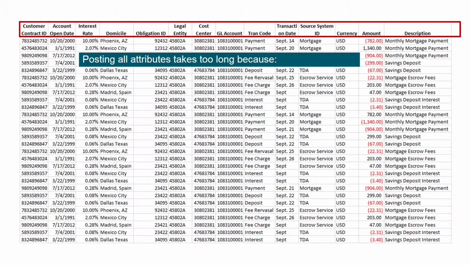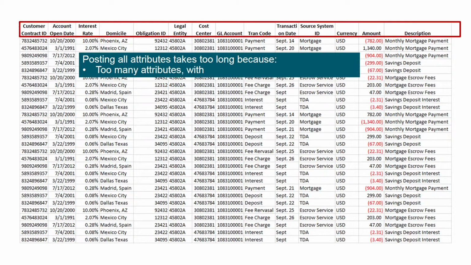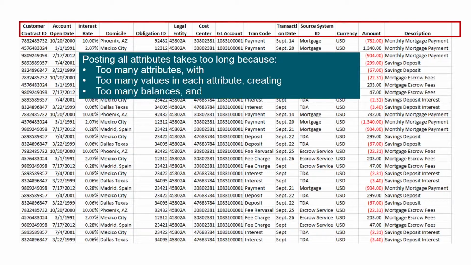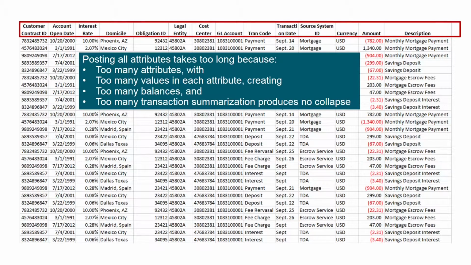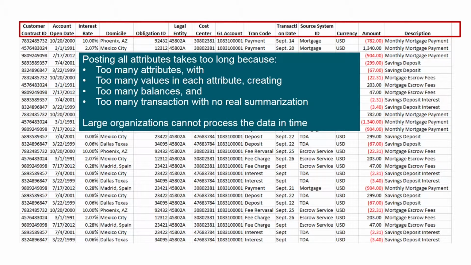If you try to create balances for each one of these transactions, each balance basically looks like an individual transaction itself because it is unique. So we can't post all of these attributes, because there are too many attributes with too many values in each one of those attributes, which ends up creating too many balances and too many transactions that are summarized, producing basically no collapse. They look like individual transactions themselves. So large organizations cannot process the data in time if you try to use all the attributes.